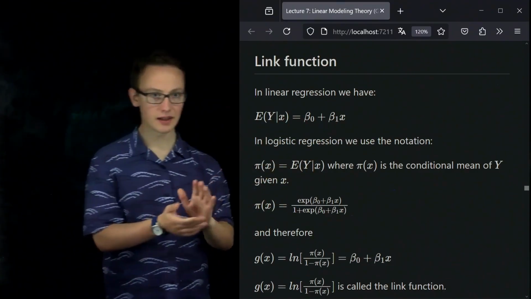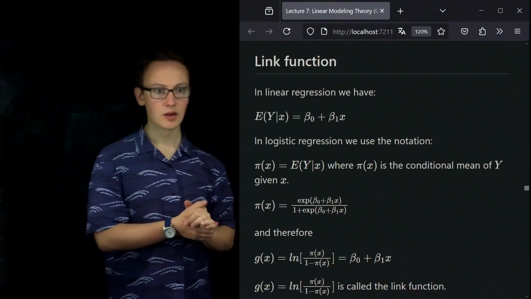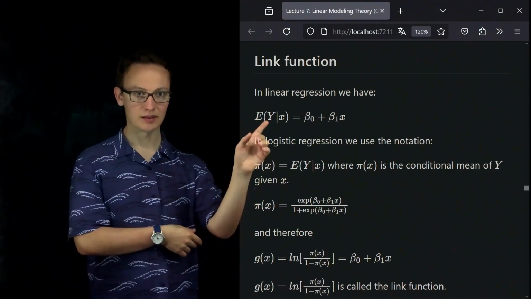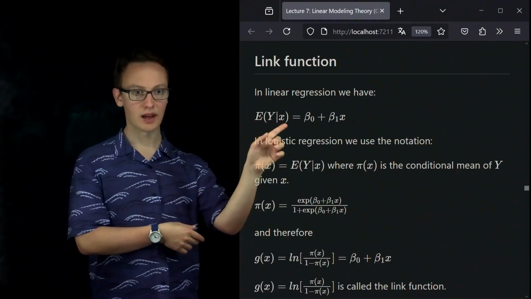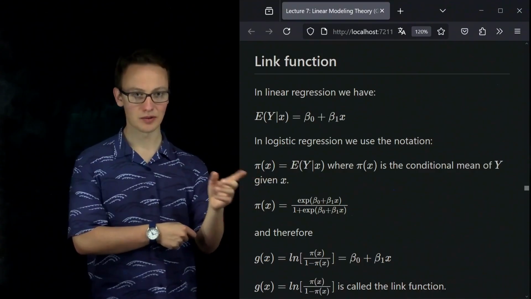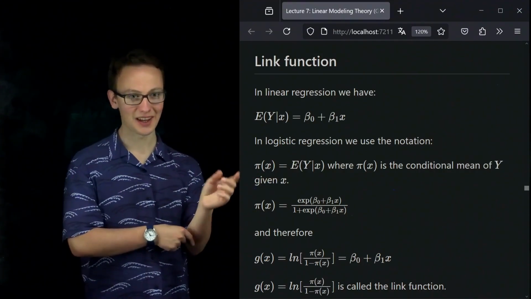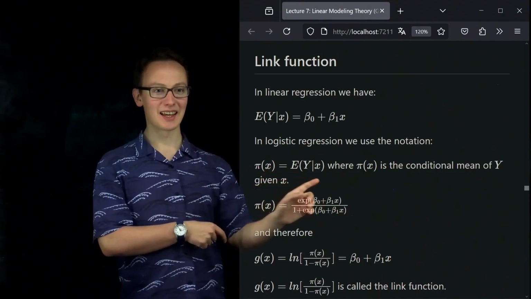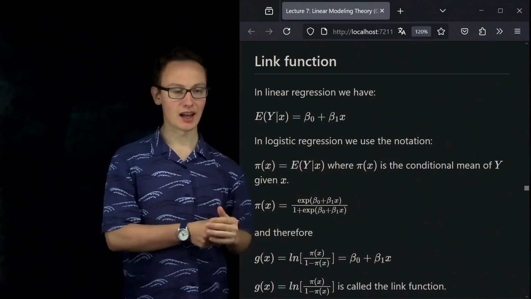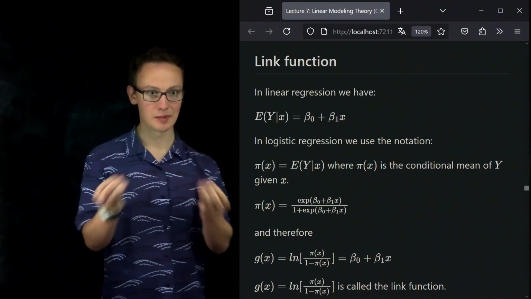Now, the analogous thing in logistic regression would be the following. As opposed to writing expected value E of y given x, we will typically just write pi of x, where pi stands for probability, okay? And the logic is the same, so it's the predicted outcome expressed in probabilities.